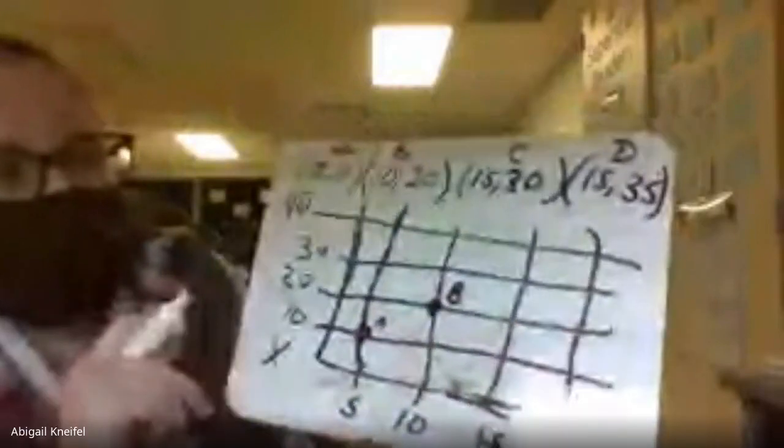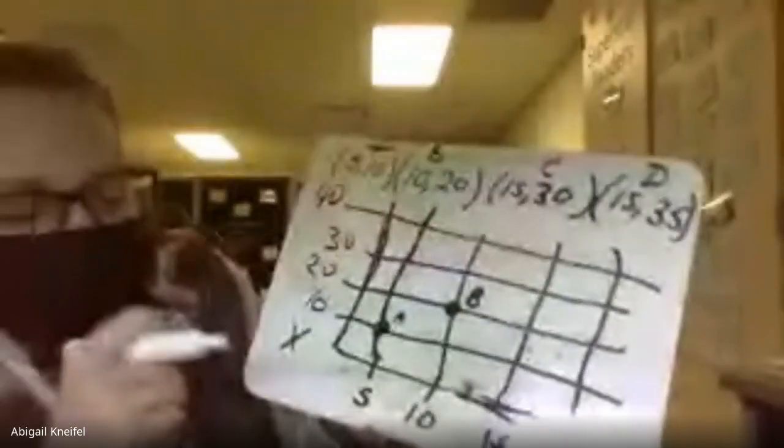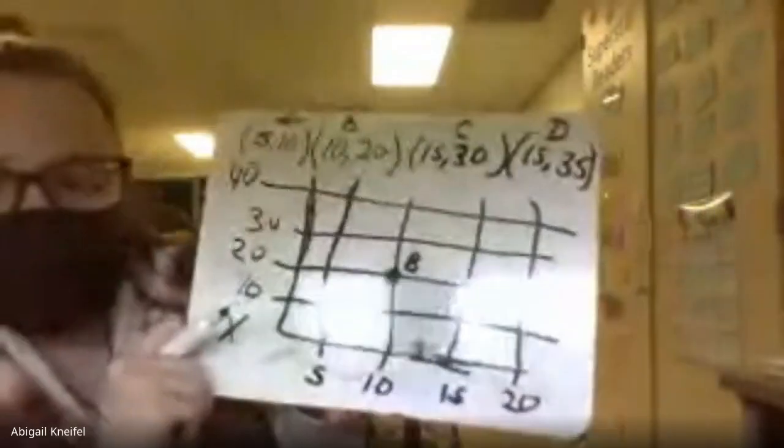C is 15, 30. You're gonna go in the middle between 15 and 30.